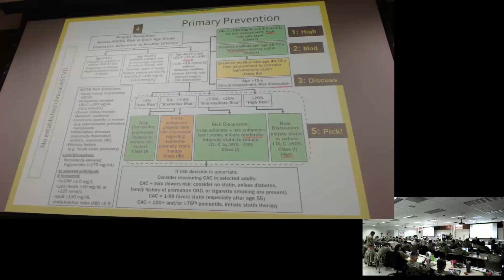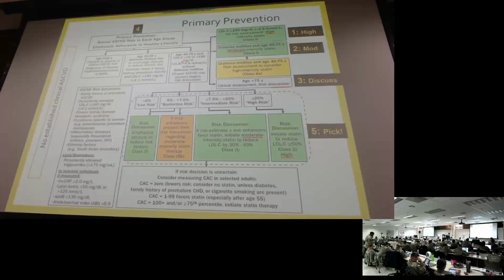So you're 40 to 75 years old and your LDL is greater than 70 but less than 190. Because if I was over 190, what are you doing? A high intensity statin. So this is boxing you in. The reason why this says greater than or equal to 70 is that less than 70 is our goal. That's where you want to see people's LDLs, okay? So you want my LDL to be less than 70.